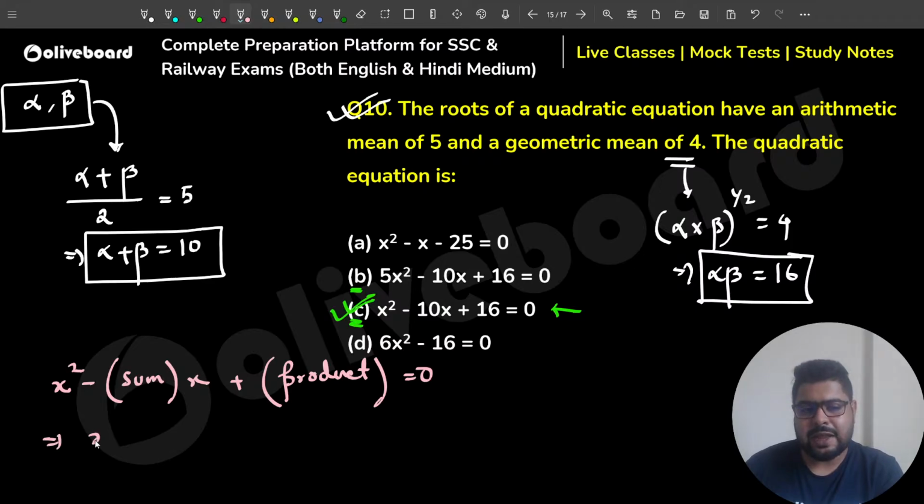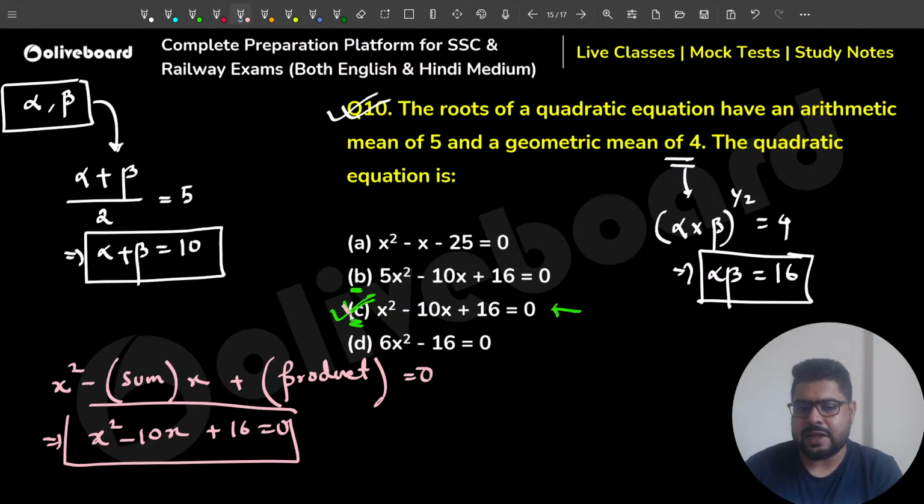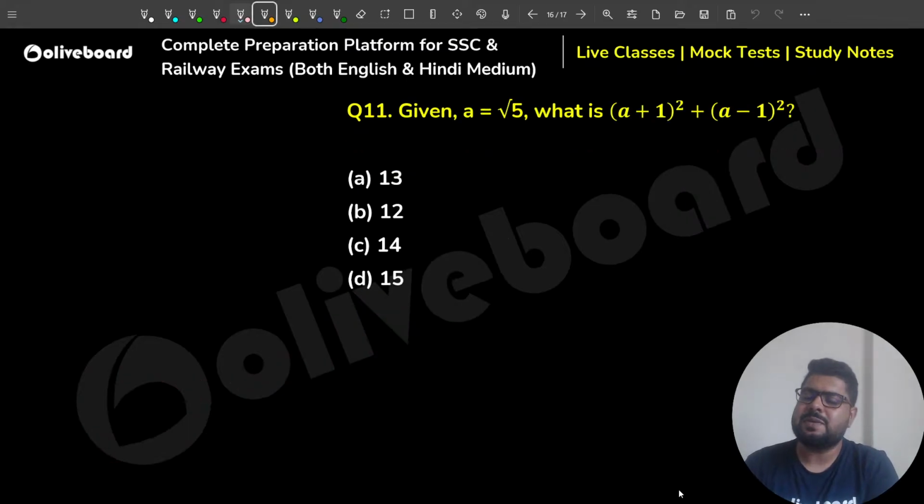So x square minus 10x plus 16. So that way you will directly get to your answer. But as I said, only by looking at this, we can say only option C can be the correct answer. I do not need to do the entire question to get to that conclusion. Clear, everyone? Clear, sir? Let's move on to the next one, please.